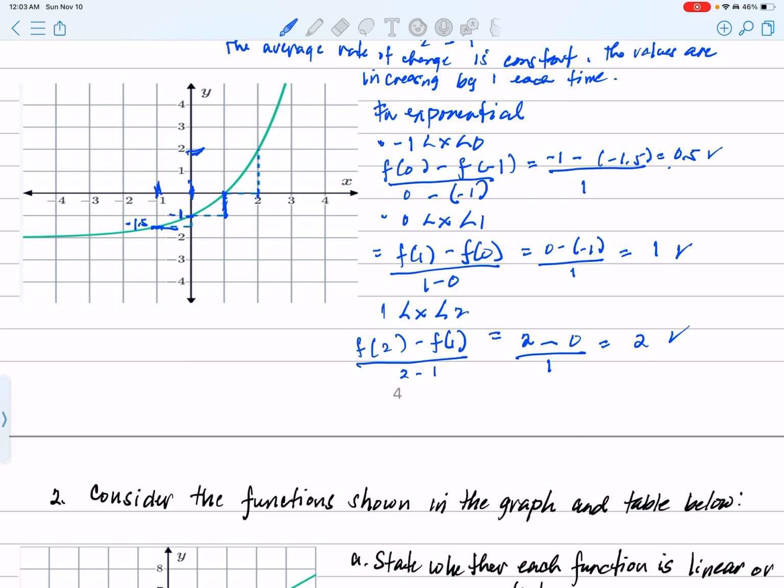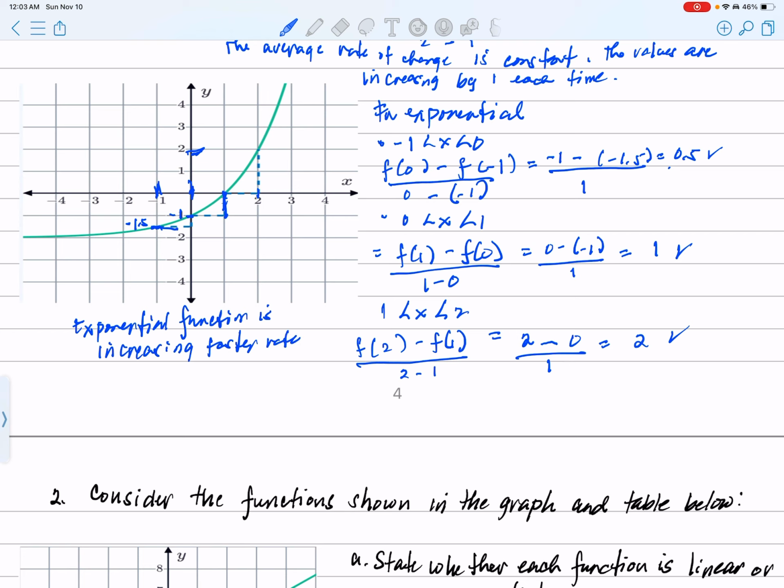The exponential function is increasing at a faster rate compared to linear.